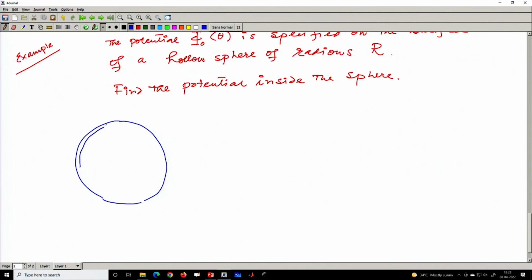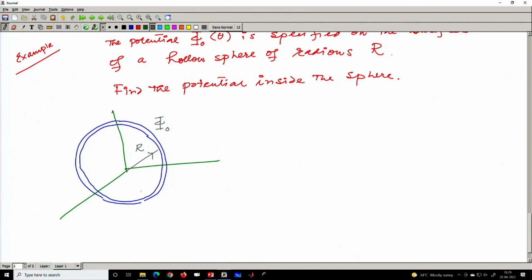So I can say this is like a shell, in some coordinate system, and this is with radius R, and the potential here is defined as phi 0, and that is a function of theta.